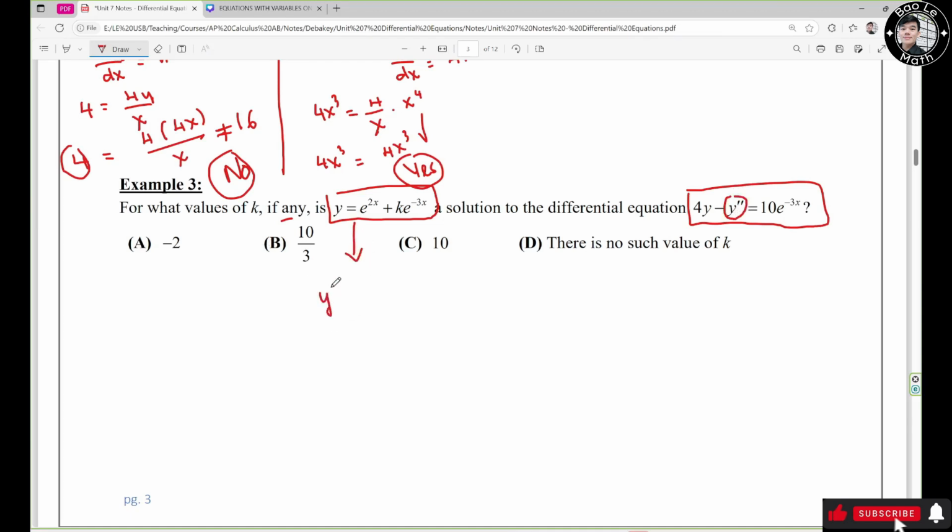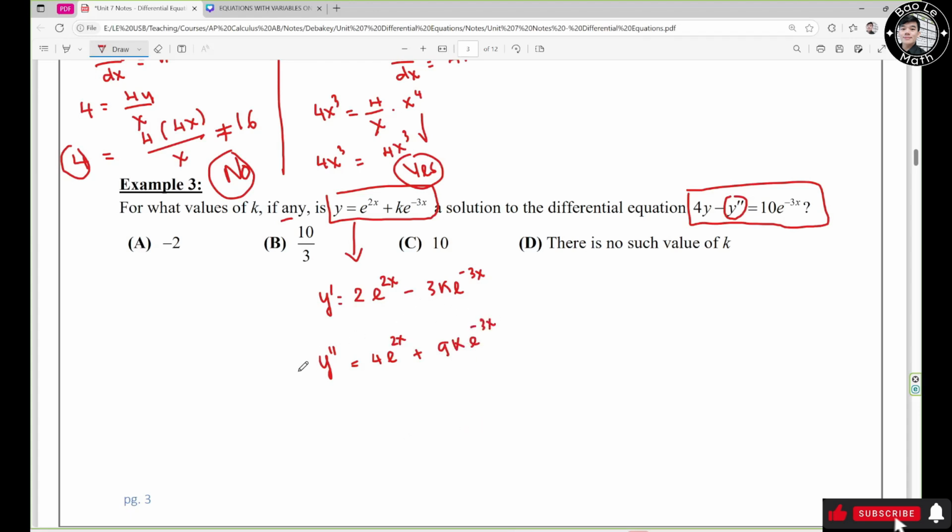So I have y prime equals 2 times e to the 2s minus 3k times e to the negative 3s. Now y double prime is going to be 4 times e to the 2s plus 9 times k times e to the negative 3s.